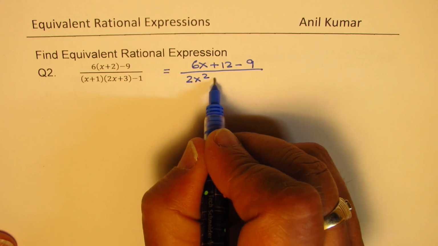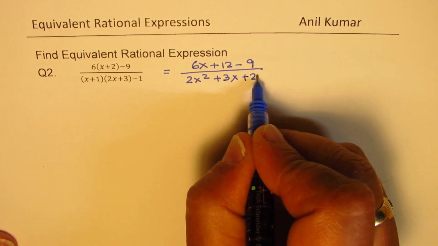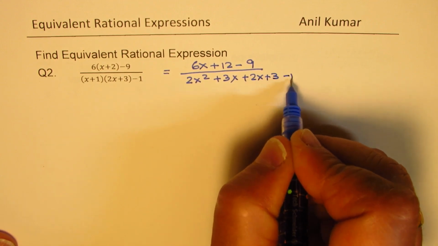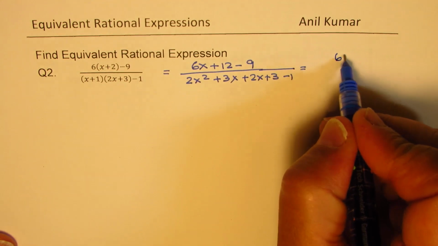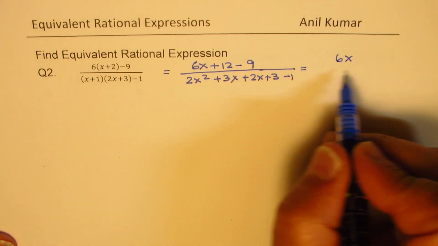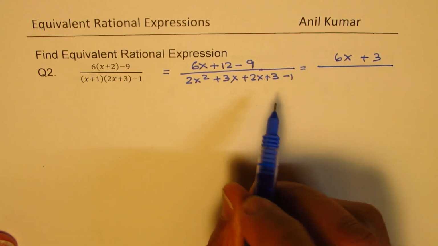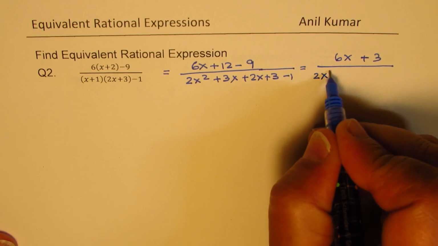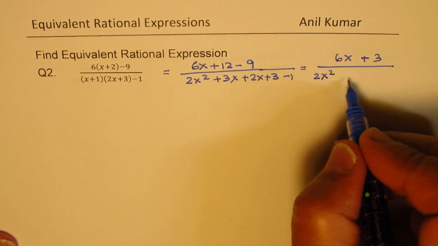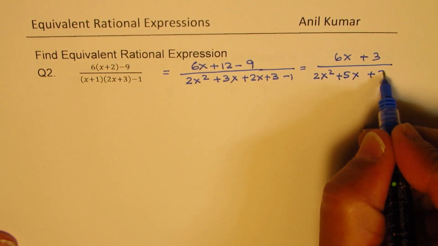X times 3 is plus 3x. And then we'll multiply with 1. We get 2x plus 3. And we have minus 1 here, right? The numerator now can be written as 6x, 12 minus 9 is 3, right? So plus 3 over, let's combine the like terms. So we get 2x squared, 3 plus 2 is 5x, 3 minus 1 is 2, right?